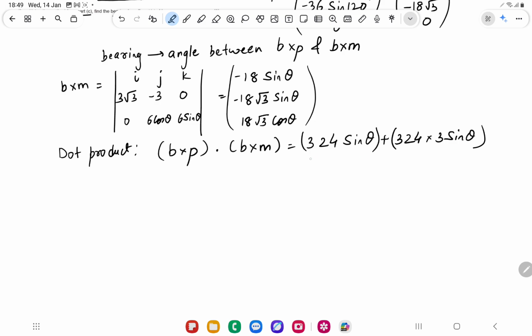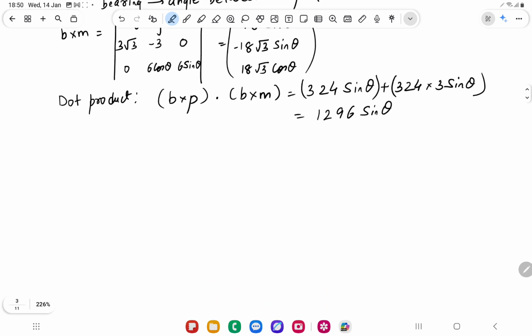I will put all of them in bracket, and once we simplify, we will be getting 1296 sine theta. Now let's talk about the magnitudes. So magnitude of B cross P is 36 and magnitude of B cross M is also 36.